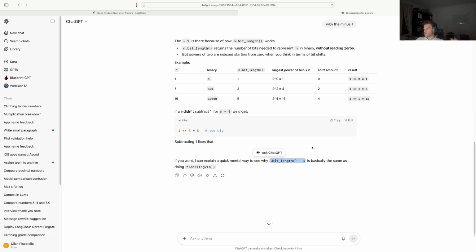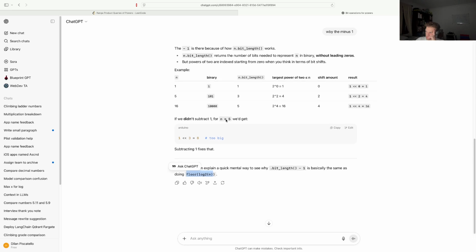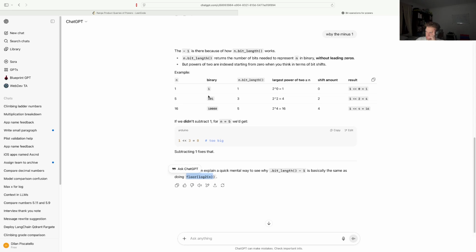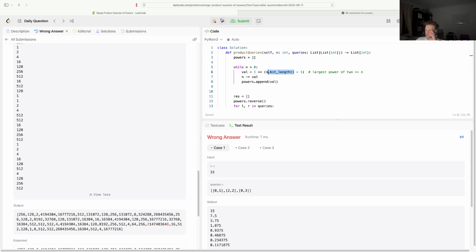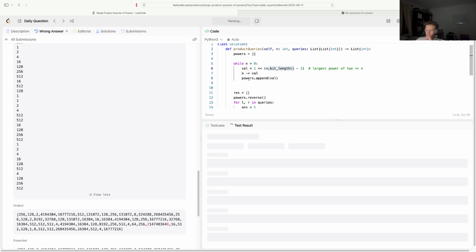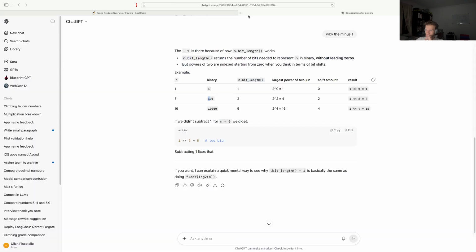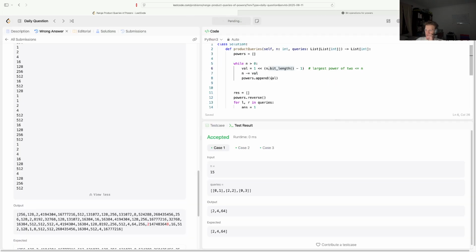Bit length minus one is essentially doing floor. So if you have 5, the bit length is 3, right, because it goes over by 1. Yeah, okay. And then if we submit this, passing all test cases there.